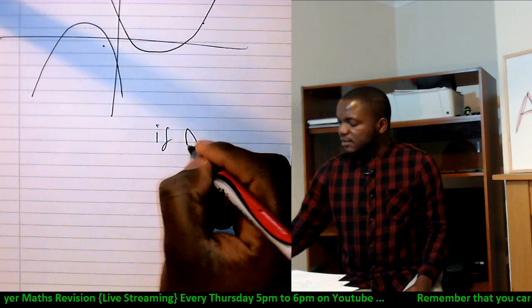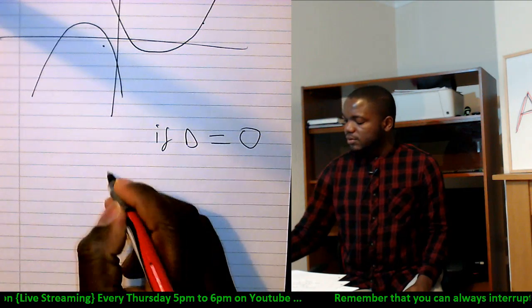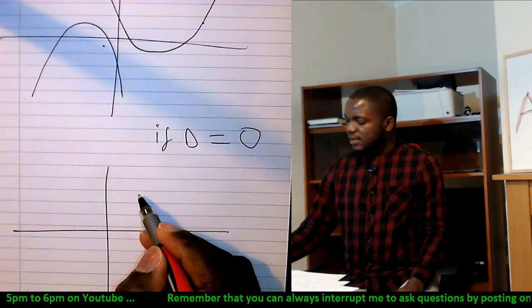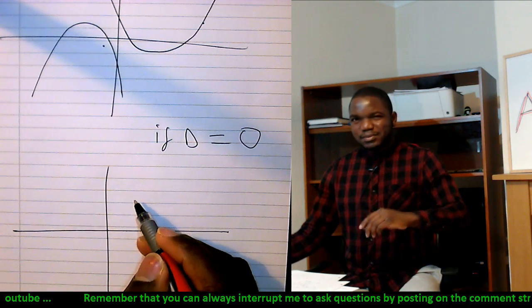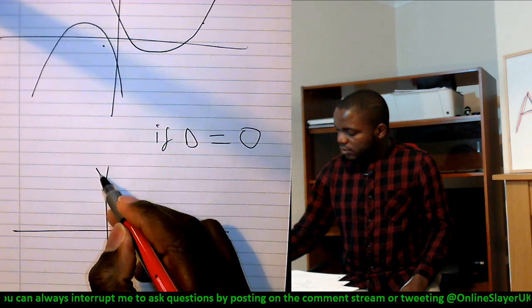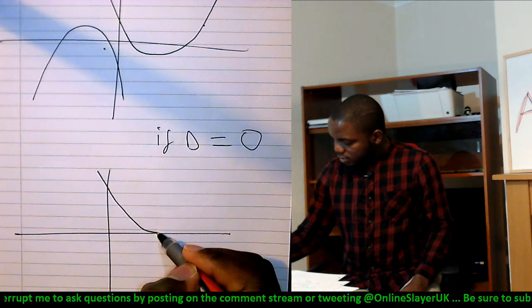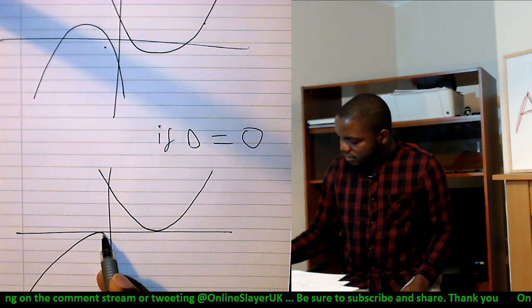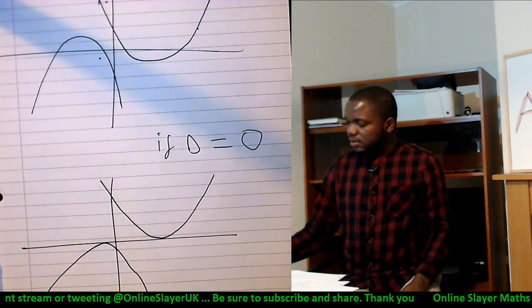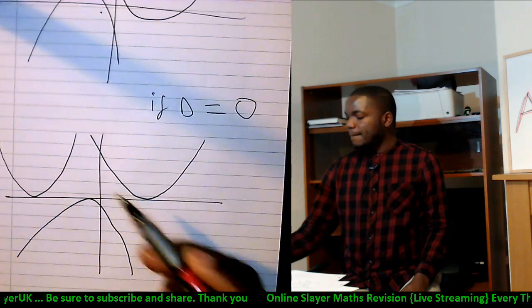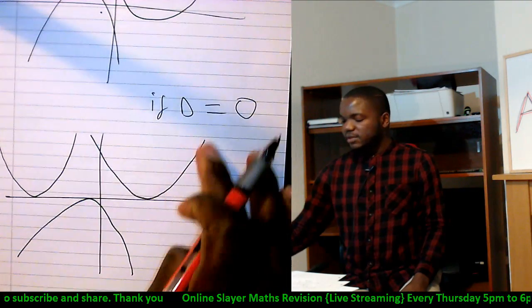If D is equal to 0, it is not actually going to cross, but touch the x-axis once. So it could go like this, but we'll just touch it and return. Do you understand? Where a is positive, it's a U shape.